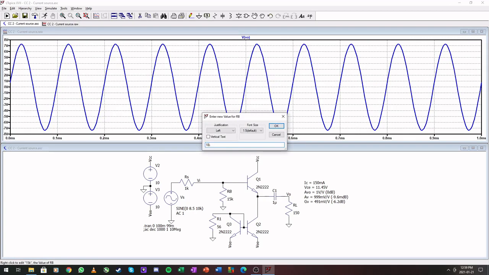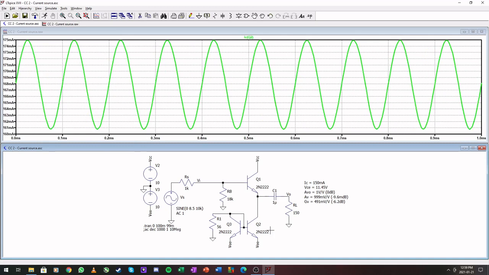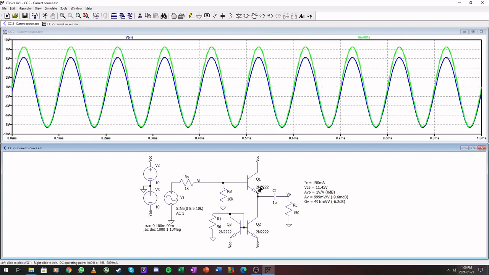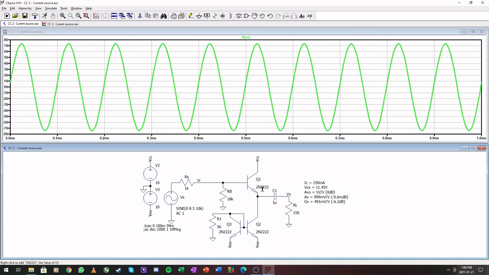So the current source solution is really the best one for common collector applications, because it allows you to play a bit more with this base resistor for input impedance, and the current source is running the current stabilization for you.